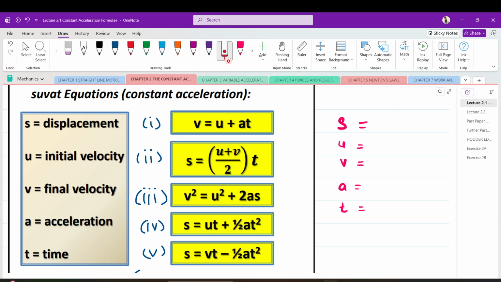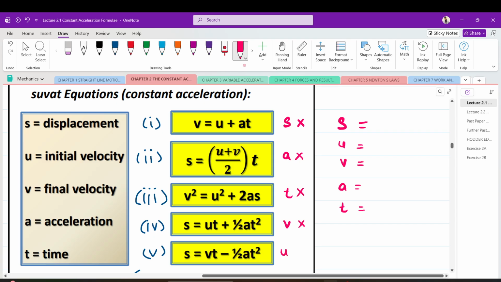If final velocity is not required, then you can use this equation, and if initial velocity is not required, you can use this equation. So if I just write it one more time, over here S is not needed. Over here, A is not needed. Over here, T is not needed. Over here, V is not needed. And over here, U is not needed.